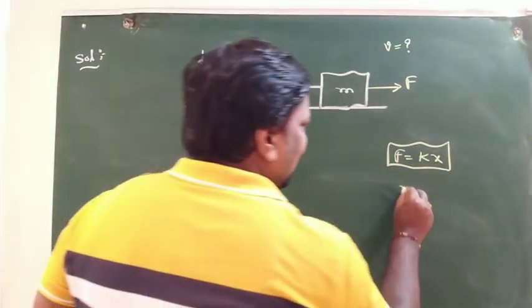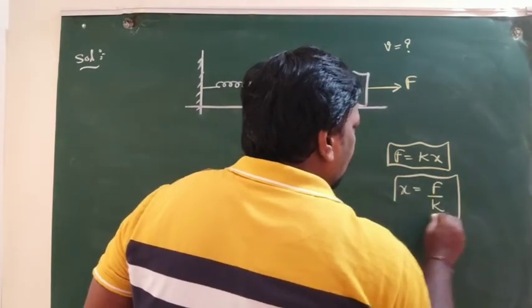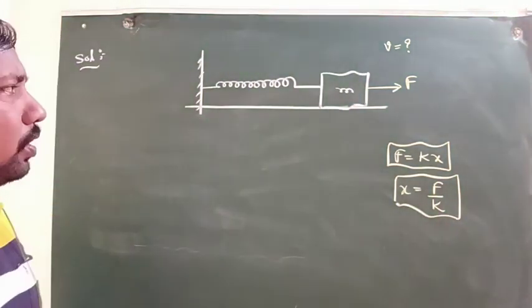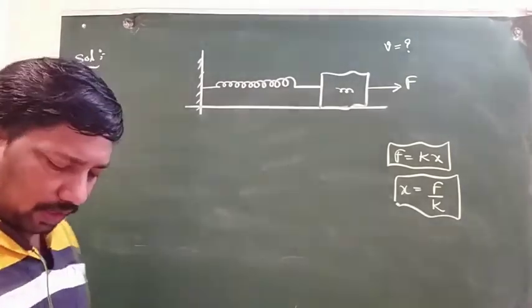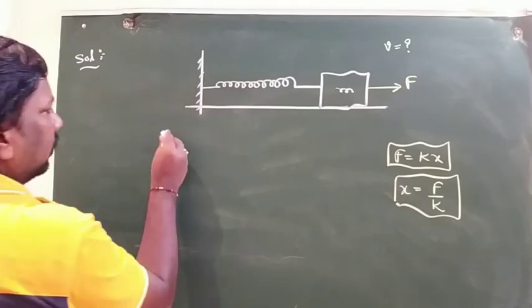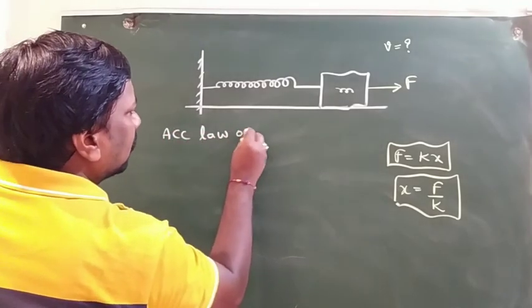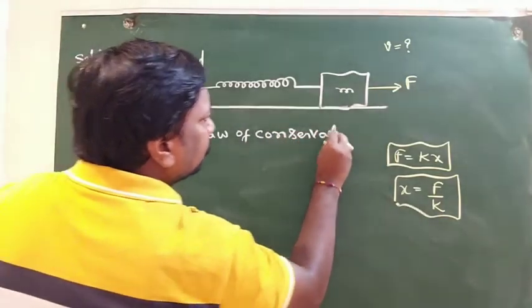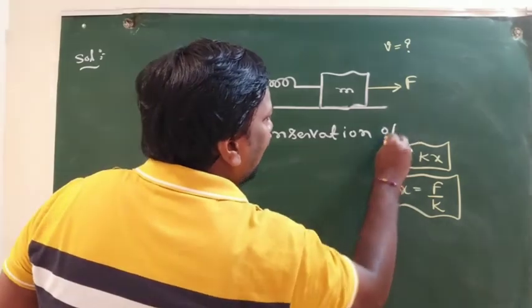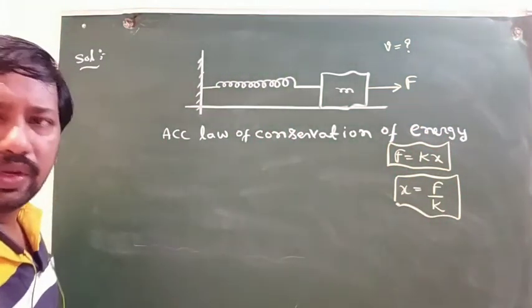Therefore x equal to F by K. Now you can find out the maximum speed of the block by using the law of conservation of energy.